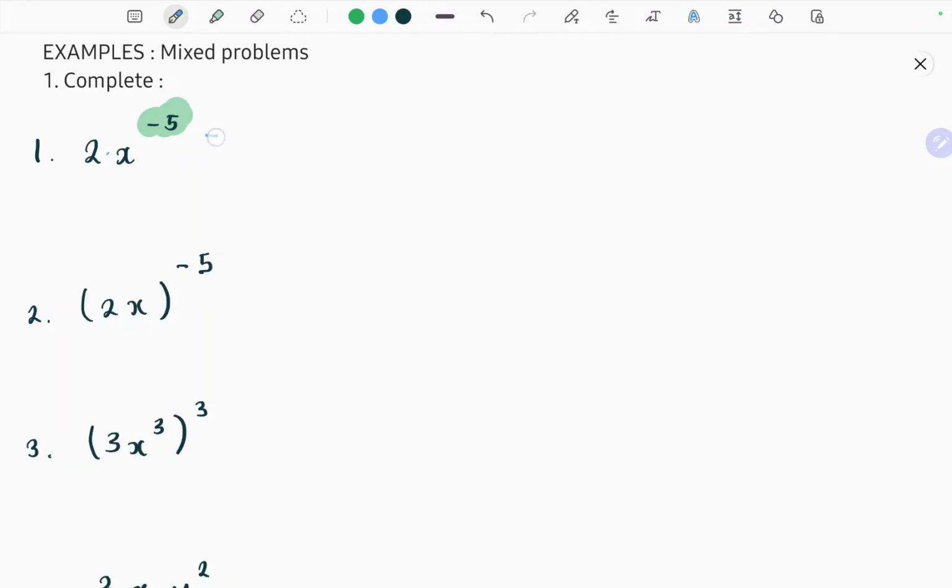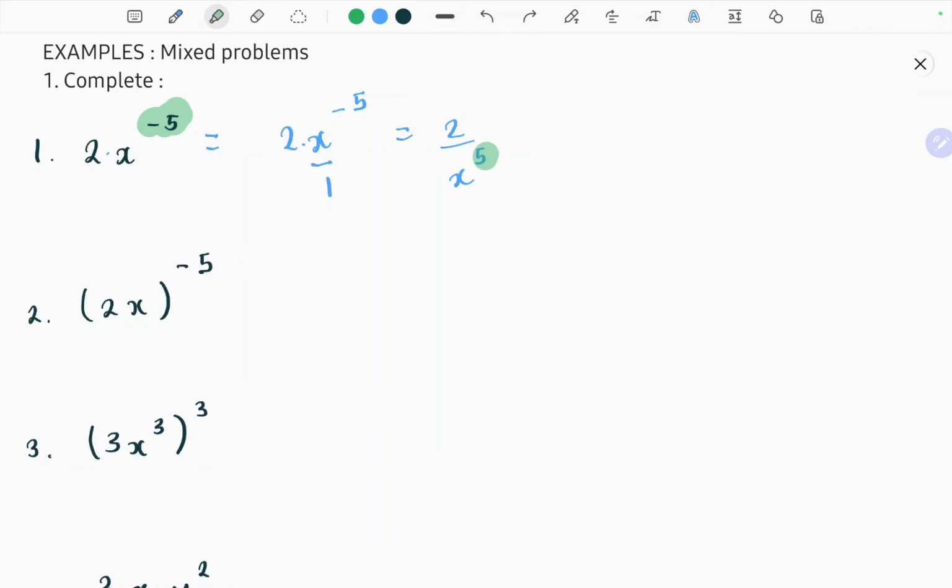So we can say this is equal to 2x to the power of negative 5, right? So what you can do is write this as 1 over 2x to the power of 5. Remember, if you interchange the numerator and the denominator, the exponent becomes positive, right?